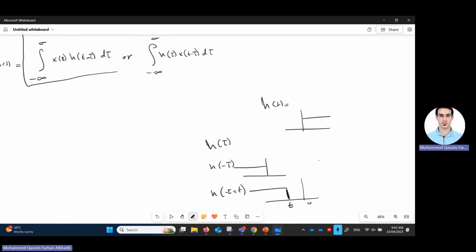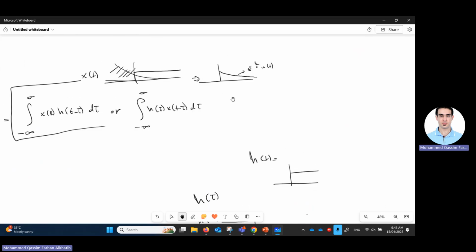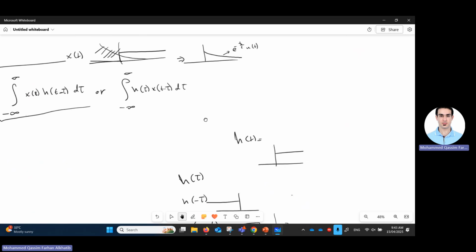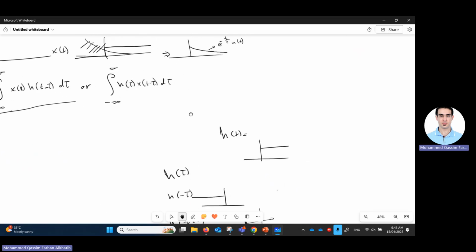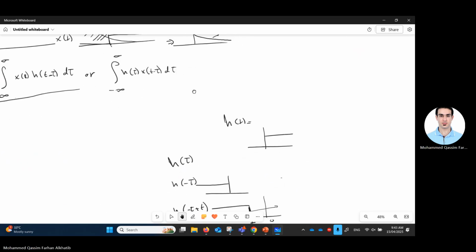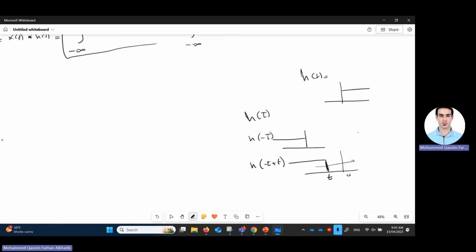All right. Now this function here will be sliding until it reaches an overlap with this function. So where does the first overlap happen? Let me draw it. So I have this 0, and this is t timed with this one here.